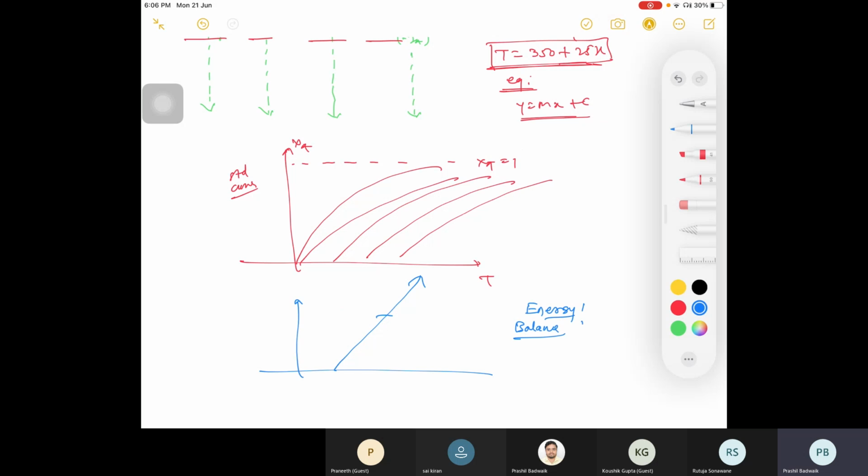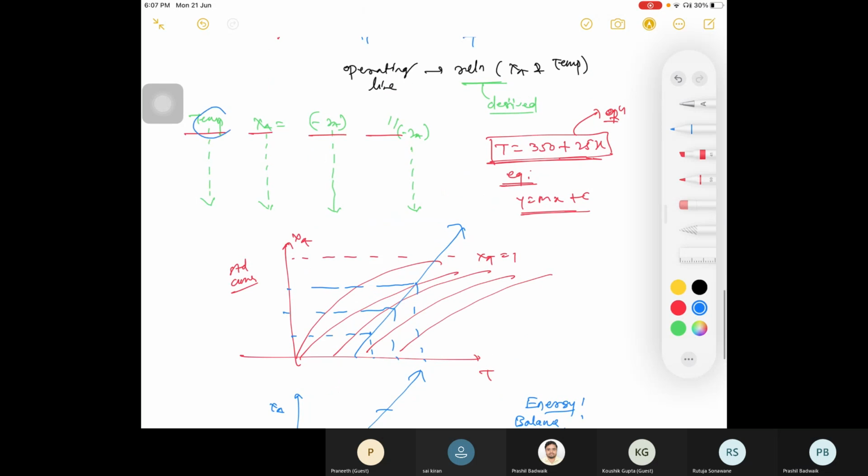You will get one equation, same Xa versus your temperature. I am just shifting this here. Now for different temperature, different rates, you can get data, right? अभी मिलेगा तुम्हें डेटा, ये temperature, conversion and your 1 by minus RA. Yes, sir.